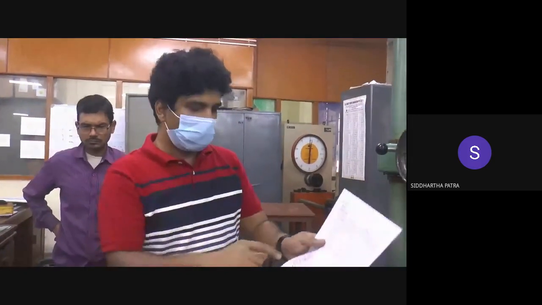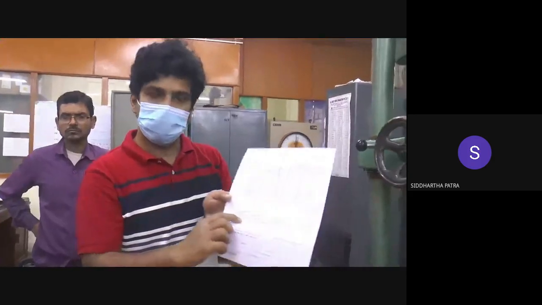So that maximum load value is what you are supposed to write here. This says maximum load, and from that you are supposed to calculate the ultimate strength. And then at the breaking point also, that means when the material fractures, the final stress value is the breaking point. So you are also supposed to note that. Okay, so that's with the extensometer, that's with the instruction sheet over here, and now we can directly proceed to the experiment.